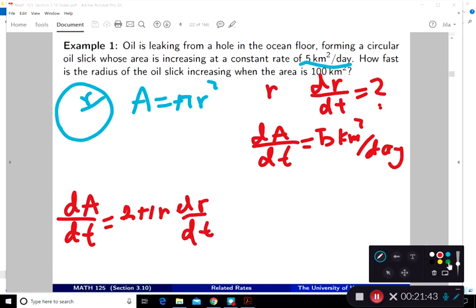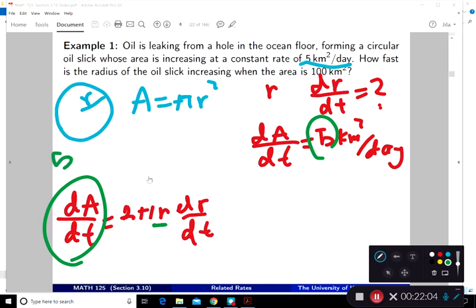So let's see what I need. I need dr/dt, and to be able to connect dr/dt to dA/dt, I still need to have an r in here. I do know this amount, which is 5. I just need to figure this one out.